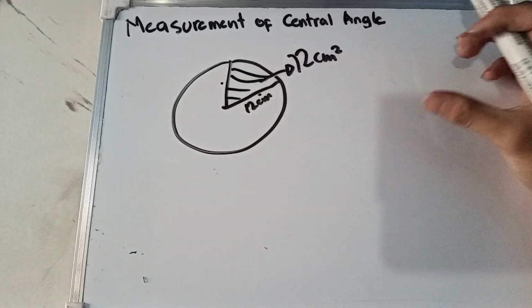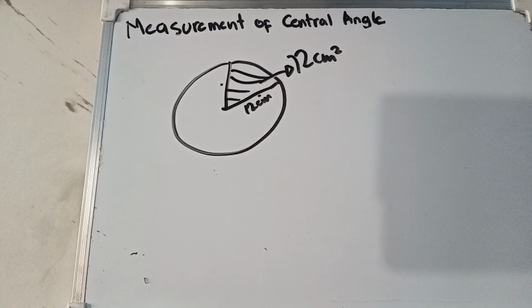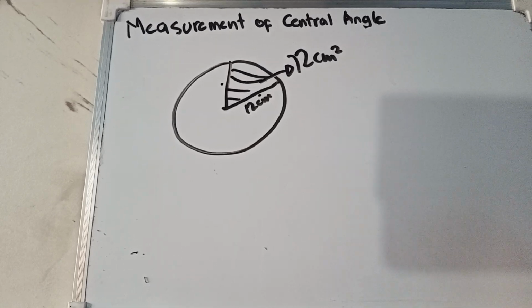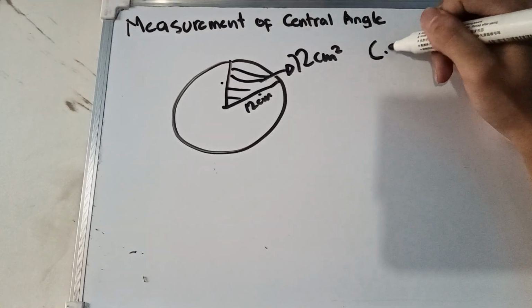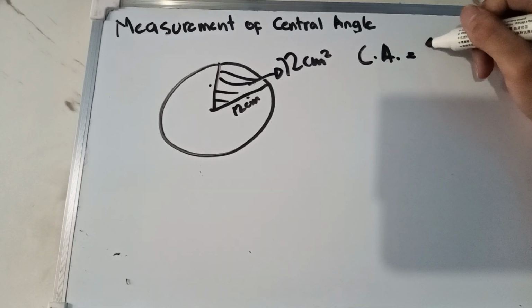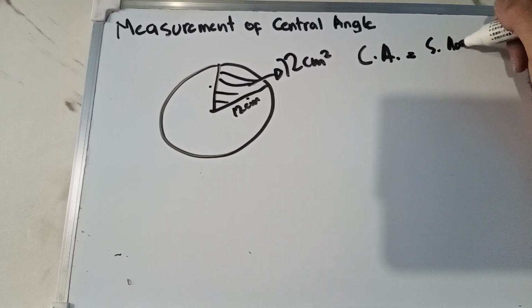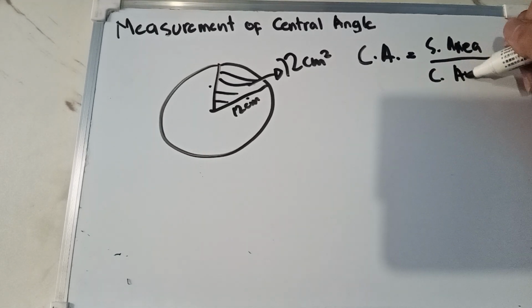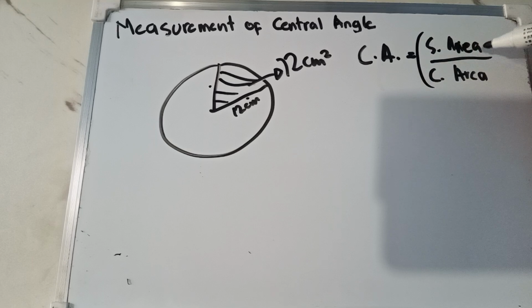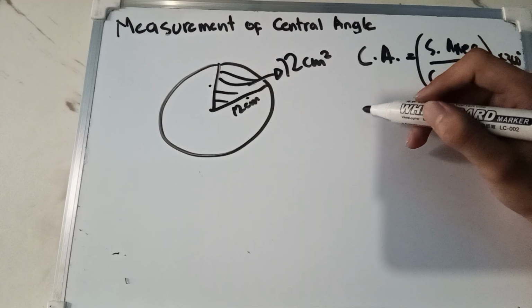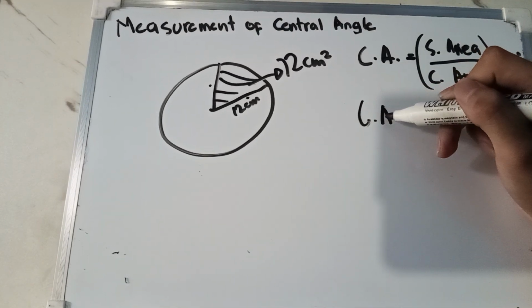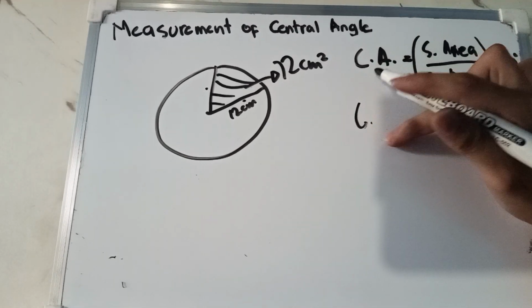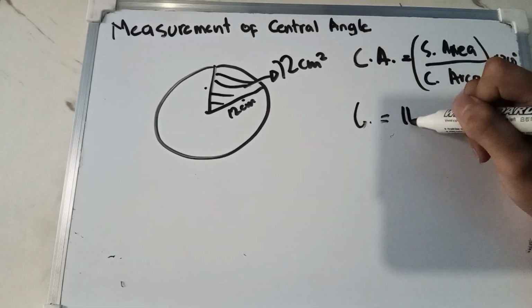In this case, we have another formula. The formula here is central angle is equal to sector area over circle area times the value of 360 degrees, where the circle area is equal to pi r squared.